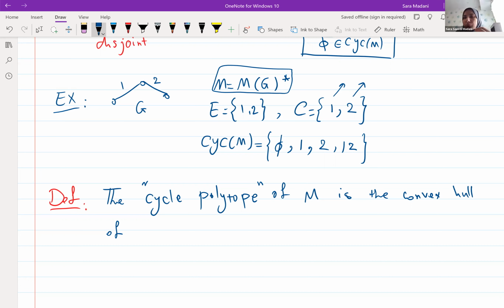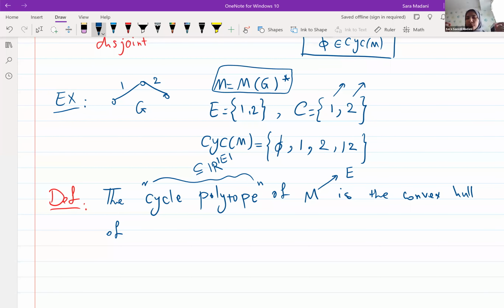I should first see which space I am in. If my matroid M is over the ground set E, our polytope lies in R to the cardinality of E.